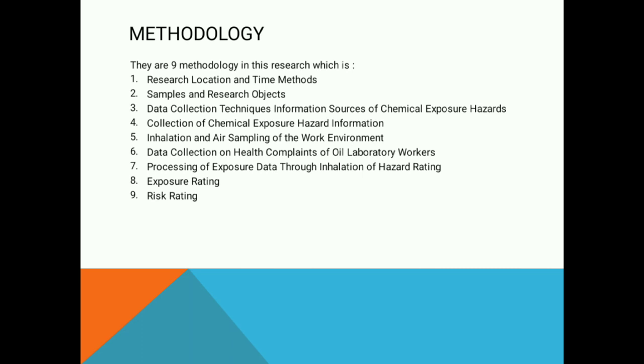Firstly, perform calibration of the personal pump before use. Second, install the personal pump on the body of the worker, with the coal tube positioned in the breathing zone. Third, turn on the pump by setting the flow rate between 0.2 liters per minute and keep the flow rate stable.